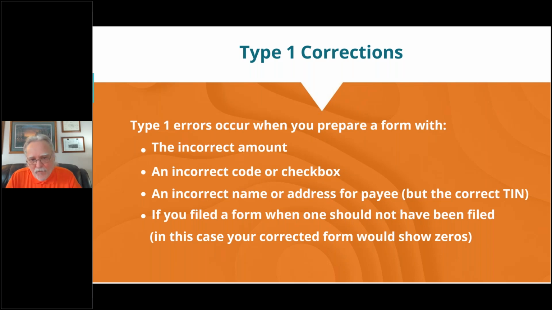But if you filed a form when one should not have been filed, so they earned $585 and you filed a 1099 for them, you'll just send out another one and put all zeros in it so that it eliminates that 1099. So those are the type 1 errors, and all you have to do is correct the 1099. Check the box at the top of the form, corrected, and then make whatever corrections need to be made.